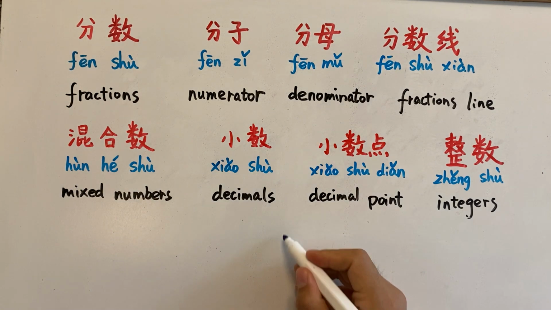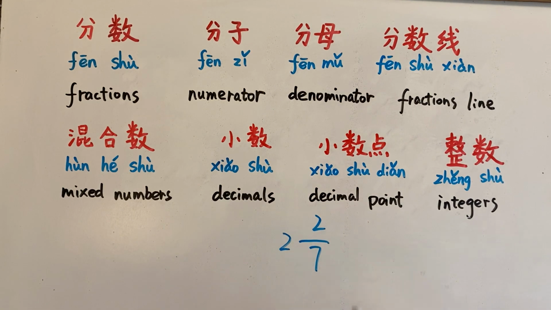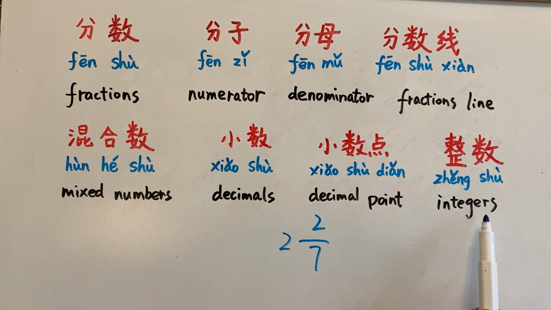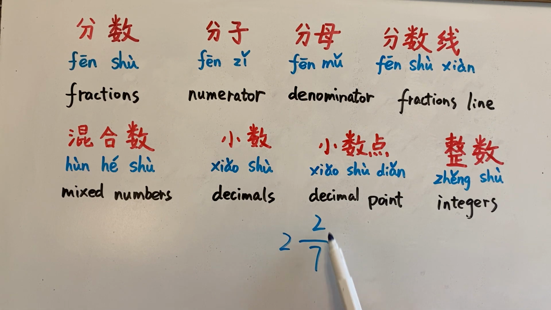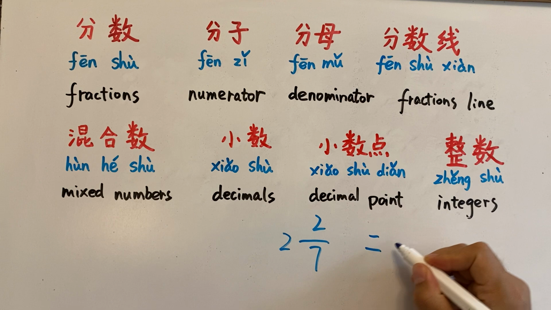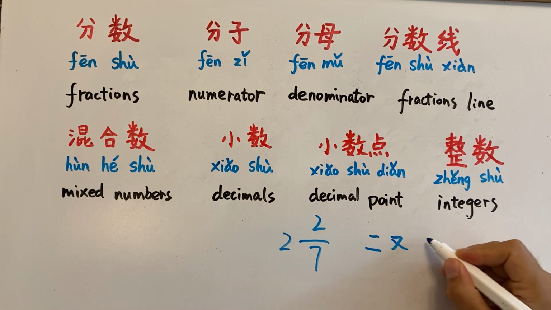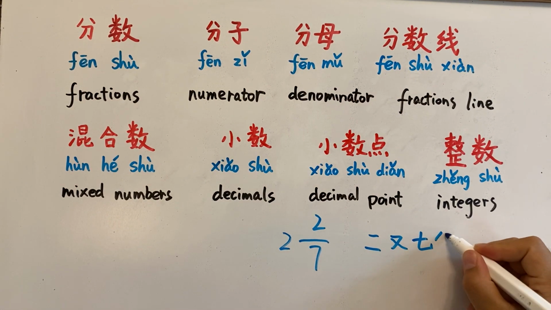For example, 2 and 2/7, right? So this 2 is the integer part, and this 2/7 is the fraction part. But in Chinese, we call it 二又七分之二.